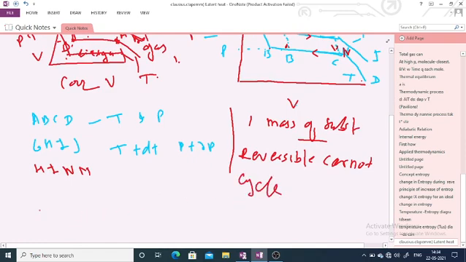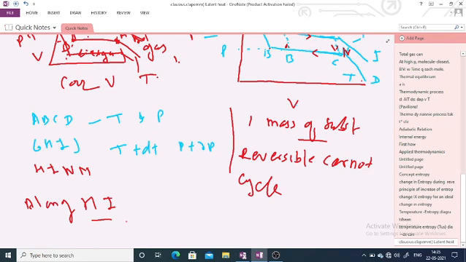So suppose here, along the HI, there is an amount of heat absorbed by the substance. Along the HI, suppose unit mass of the substance changes from the liquid to the gaseous state by absorbing heat.